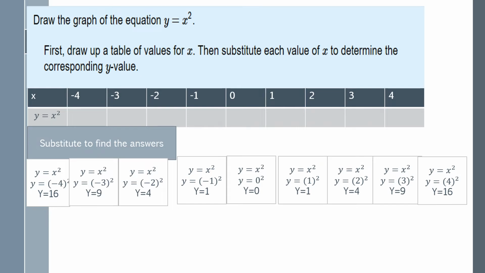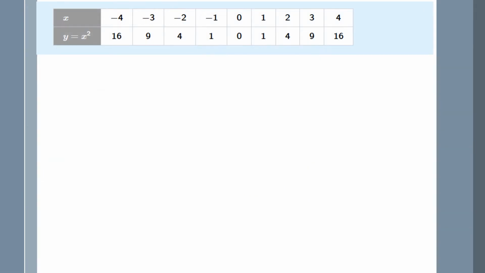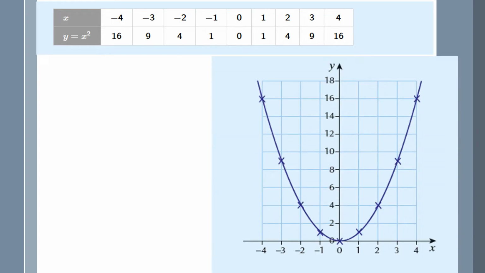When you get these values, you will plot them. You will get these as x and y, and then you will plot them on the graph. And that's the shape of your graph.